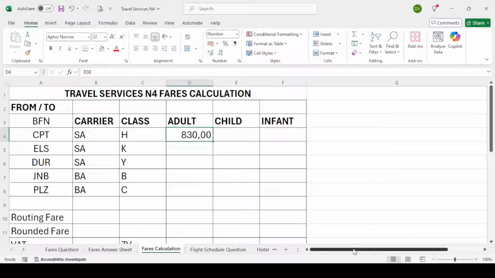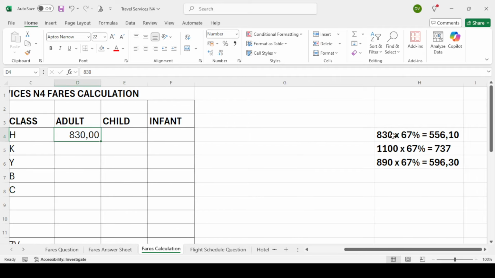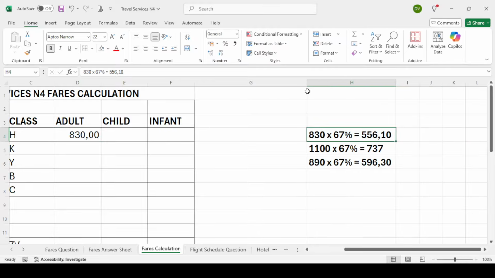So what will it look like when we work it out? You take your 830 Rand, you multiply with 67%, and it gives you a value of 556,10.